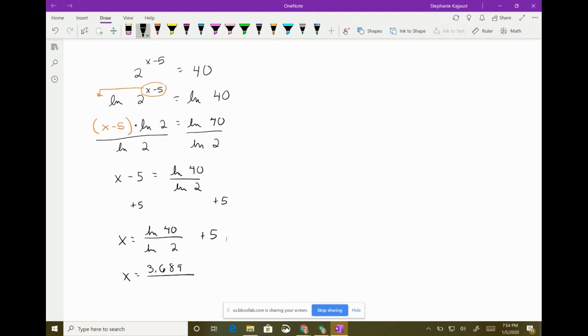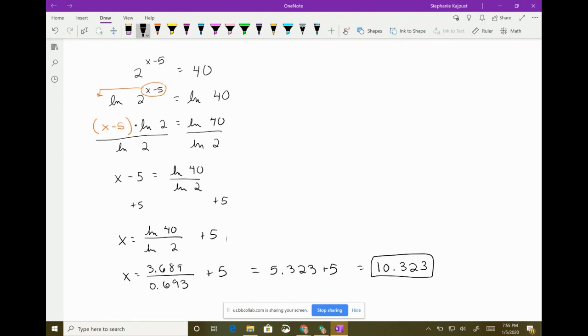And then the natural log of 2, so that's 0.693 with 3 decimal places. So then I want to divide 3.689 divided by 0.693. 5.323 plus 5. So then your answer would be 10.323.